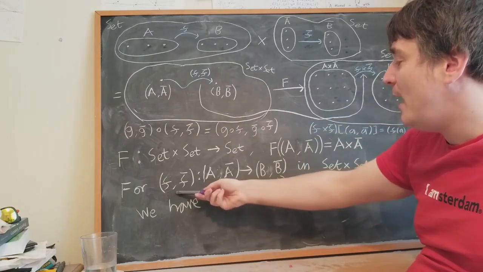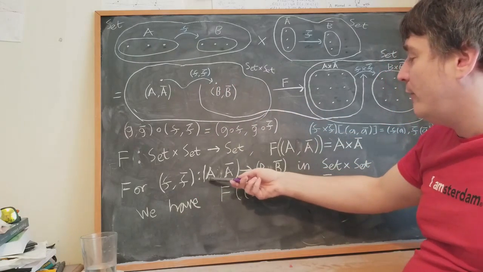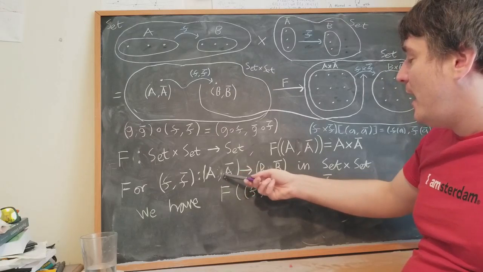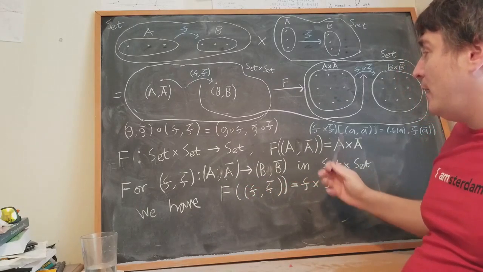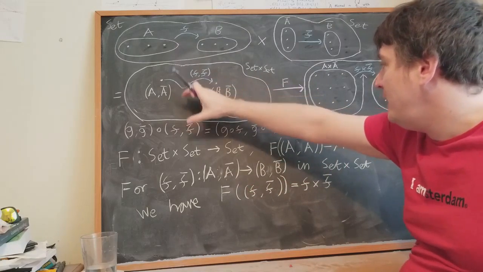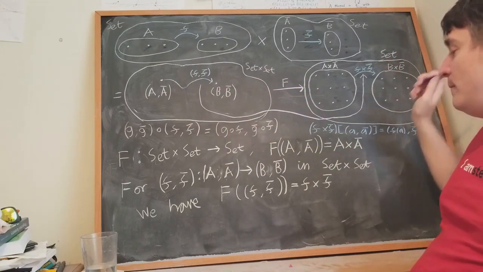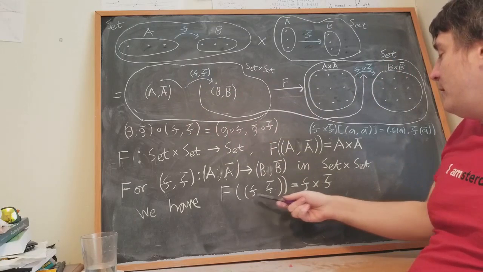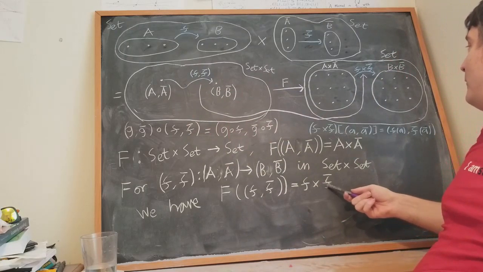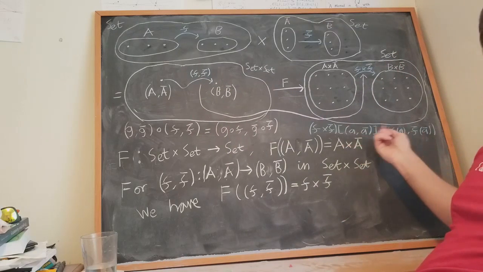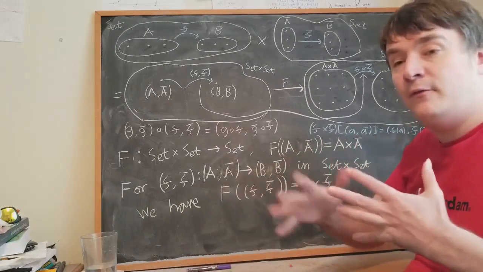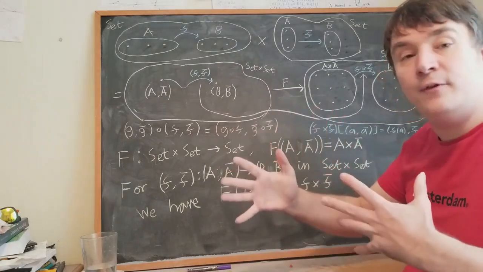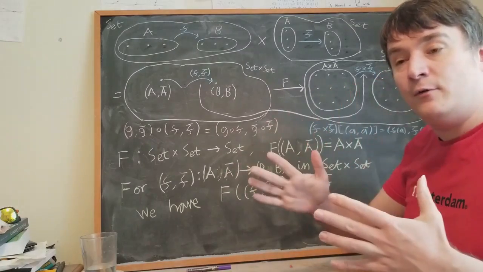And how does this work on an arrow of this category? Well, if we have an arrow (f, f bar) from (A, A bar) to (B, B bar), that's an arrow over here, its image under this functor is going to be f times f bar, which is defined like this. So it's a great exercise to convince yourself that this is a functor.